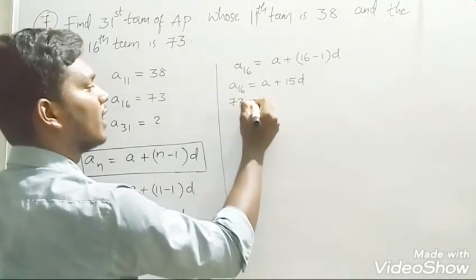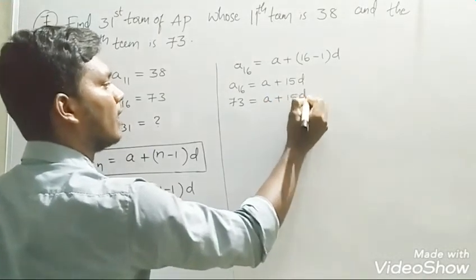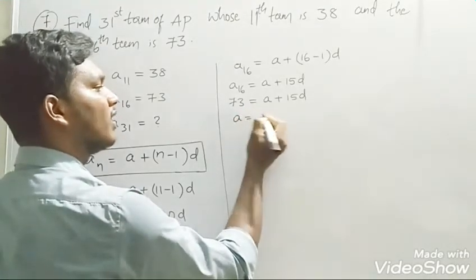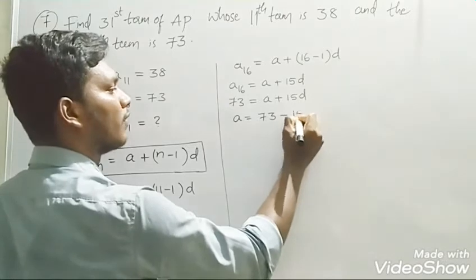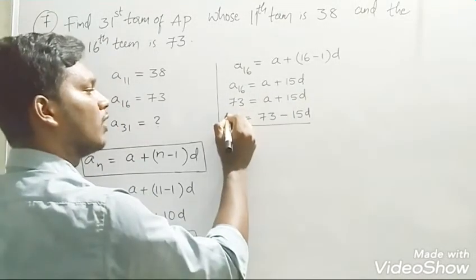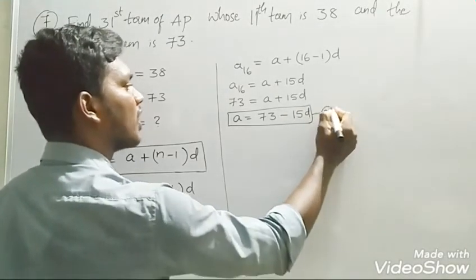So 73 is equal to a plus 15d, so a is equal to 73 minus 15d. I have moved 15d to this side, so it becomes minus. Let it be equation 2.